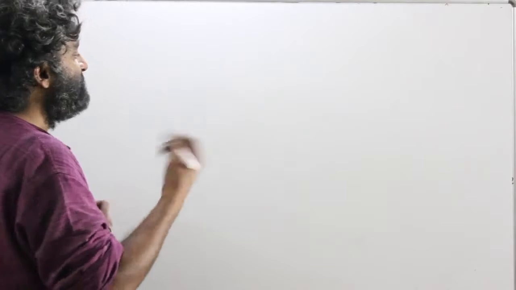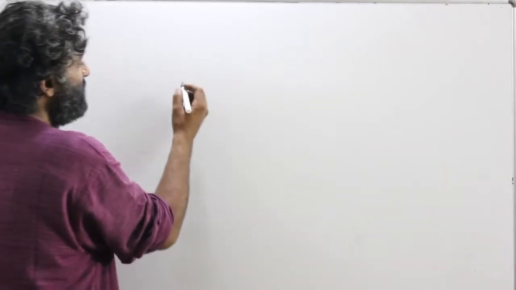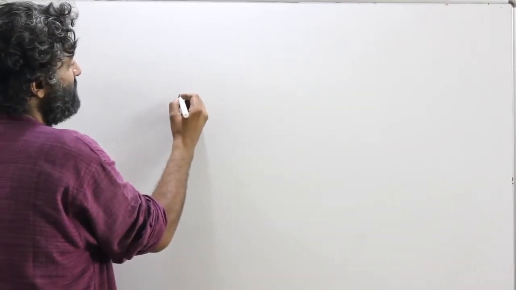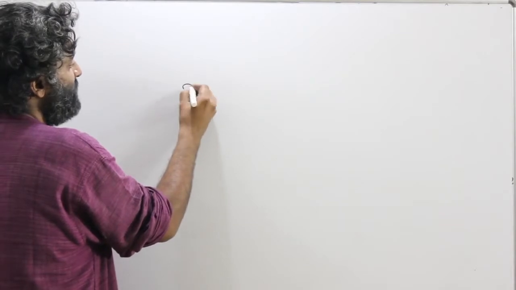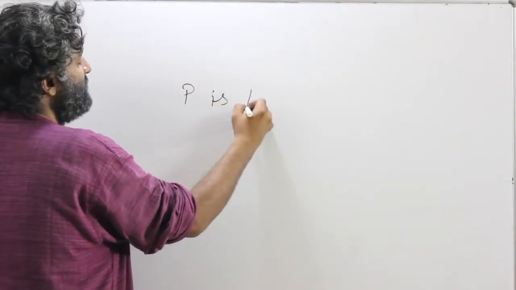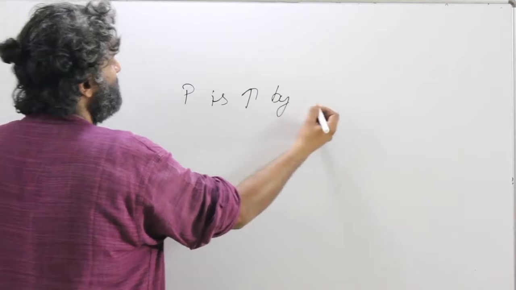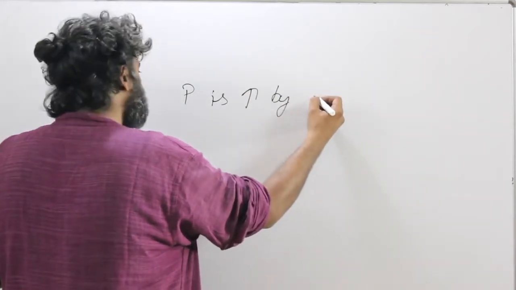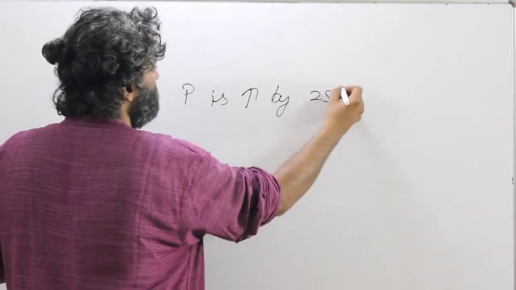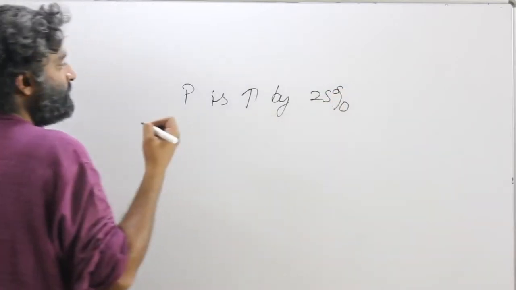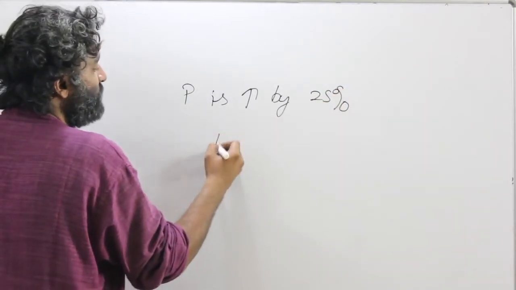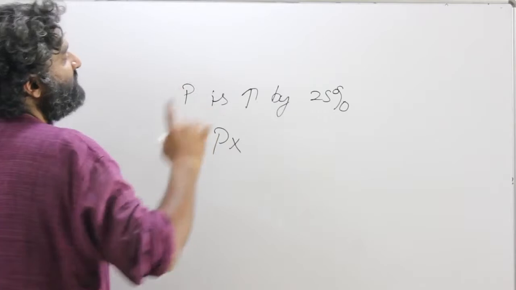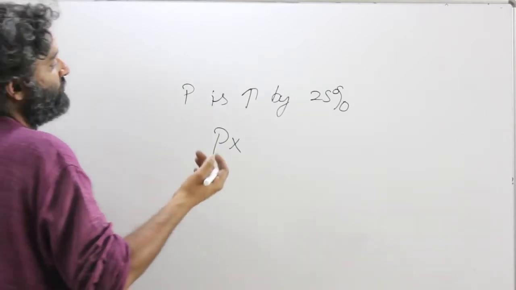Okay, so if we try and summarize the process, a few things are happening. For example, if I say P is increased by 25%, okay? So now I want to do it straight away. 25% means 1 by 4, right?